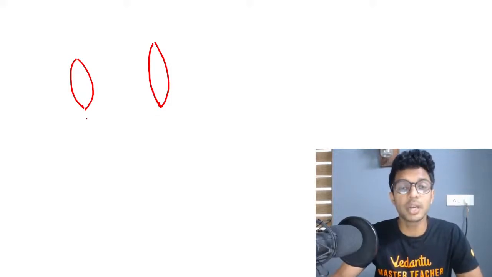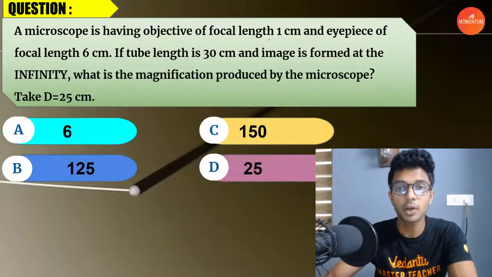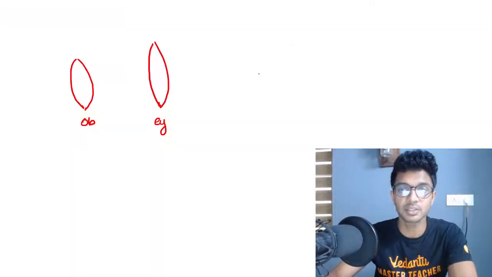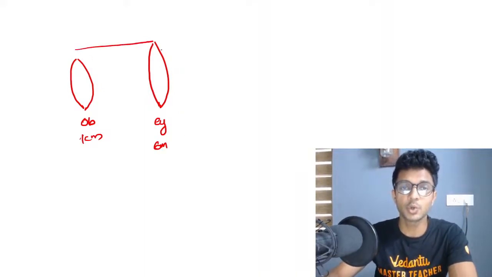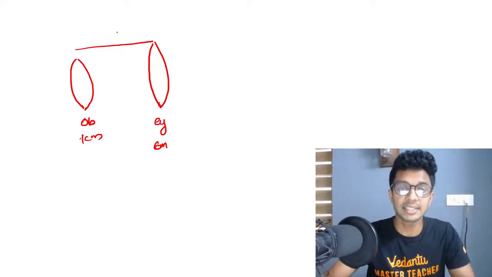This is what we call the objective lens, and this is what we call the eyepiece lens. Okay, what are their focal lengths? This is 1 centimeter, and the other one is 6 centimeter. The length of this microscope, or the distance between this objective and the eye lens, is given as how much?